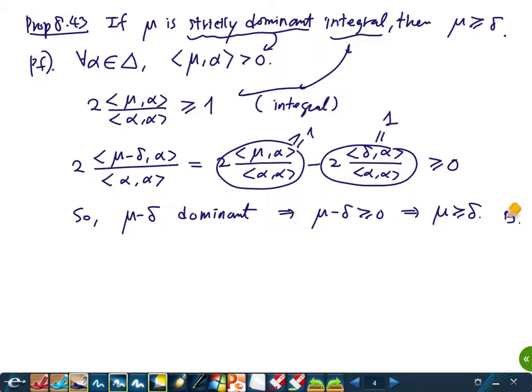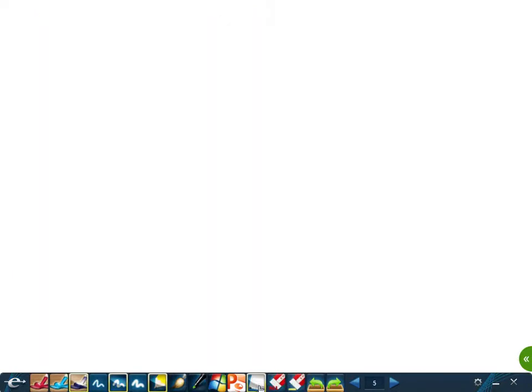And let me prove one more proposition. Oh, by the way, I'm not going to prove this because it's quite long. So first, there's a nice criterion for comparing the two dominant elements.